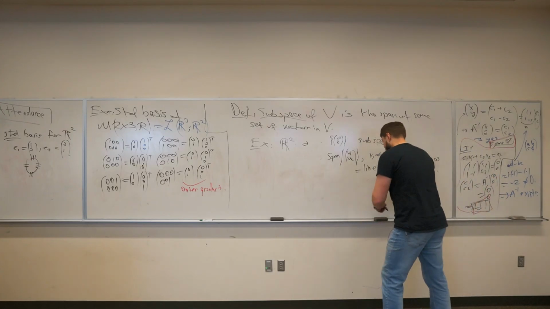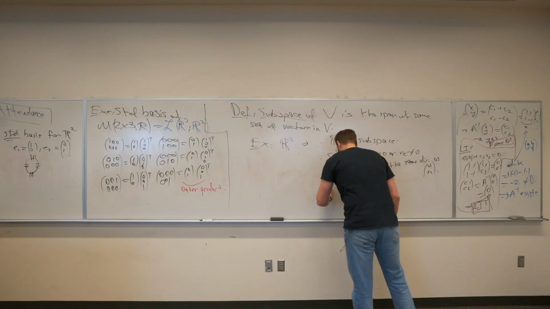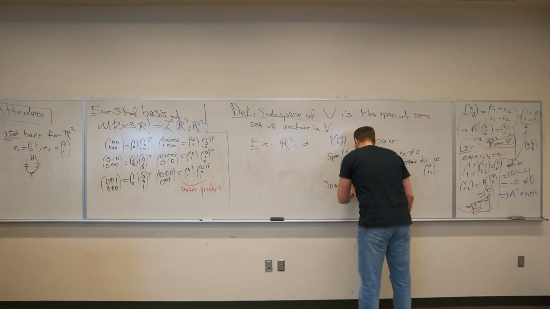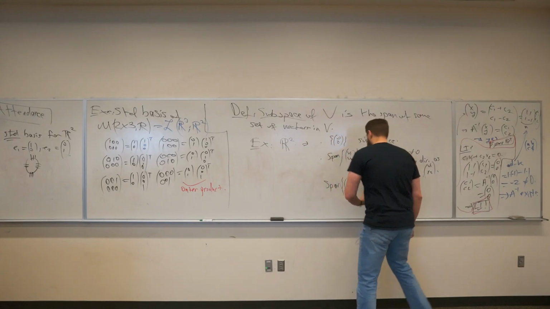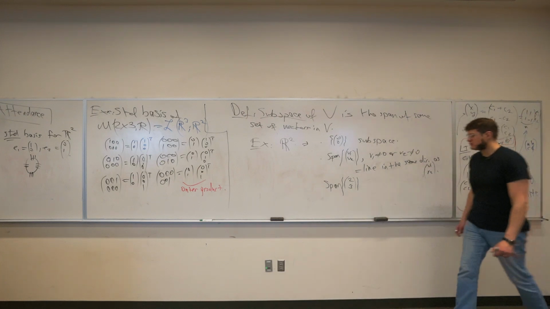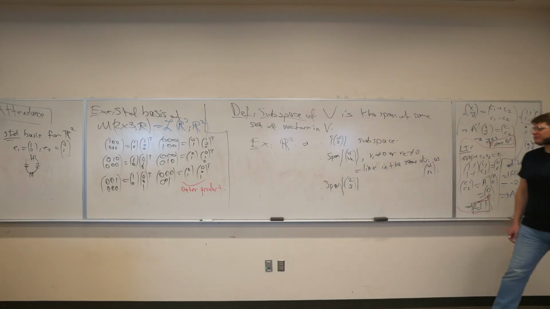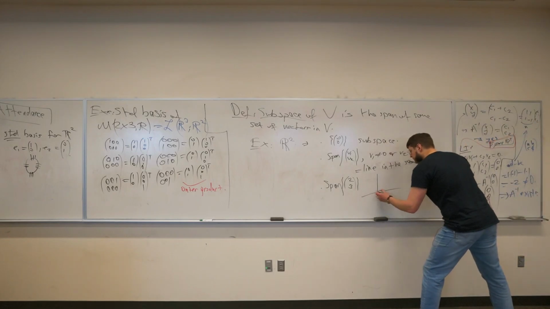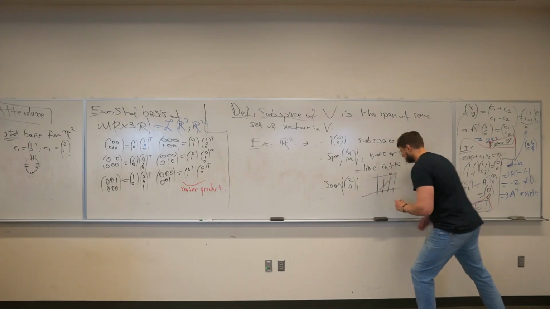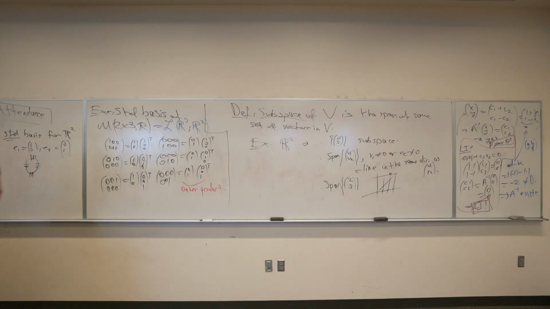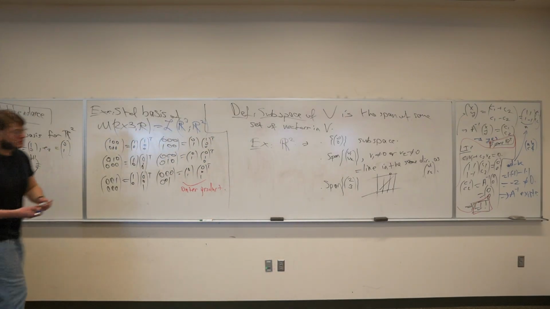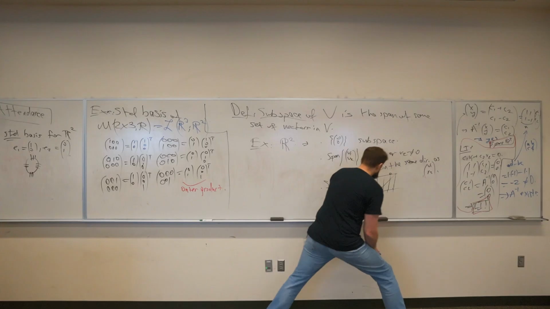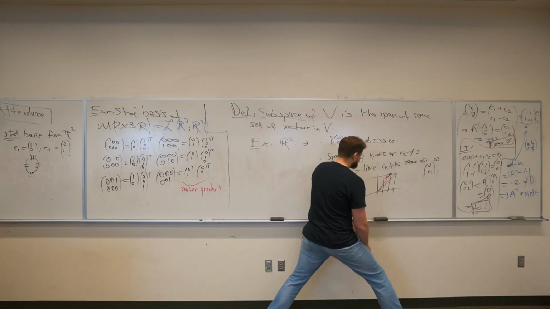For instance, I can look at the span of (2, 3). How am I going to figure out this subspace? First, visualize this vector. It's an arrow. That's your vector (2, 3).